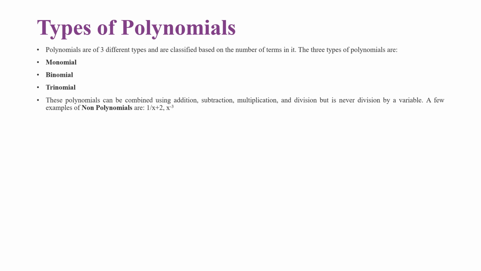If you are given the x value, say 1, then you can say 1 upon 1 plus 2, so 1 by 3. Also 1 by x cube is given. x to the power minus 3 means 1 by x cube. So it can be undefined. These are non-polynomials. We can define them, but they are not part of the polynomial category.